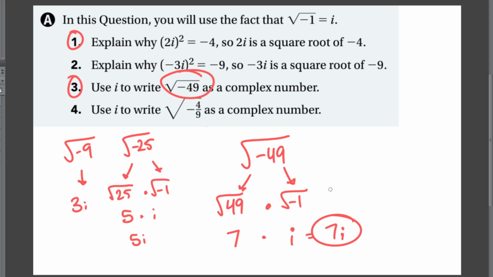Just so that you guys are aware, because we can't really fathom the idea of the square root of negative 1, we use i as kind of a placeholder. So when you give an answer like this, it's telling the math community, your math teacher, and other students, hey, I'm working with some really weird theoretical numbers here.